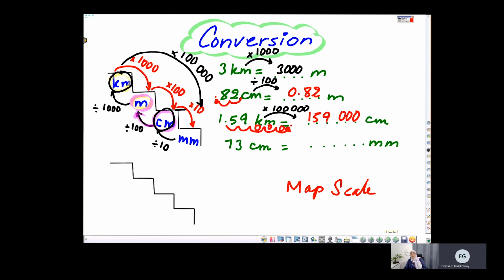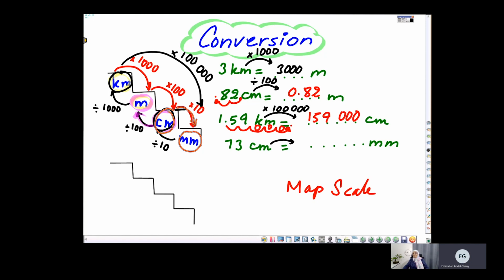To change 73 centimeters into millimeters, let's see, we are going down the steps from centimeter to millimeter. Here is centimeter, here is millimeter. You are going down the steps and multiplying by 10. Why are you multiplying? Because kilometer, meter, centimeter: 3 zeros, 2 zeros, 1 zero.